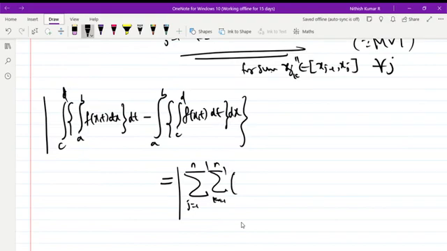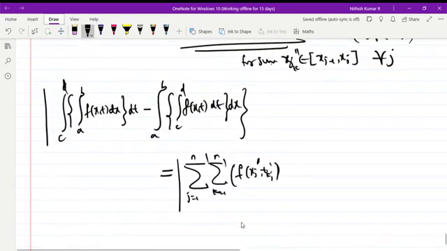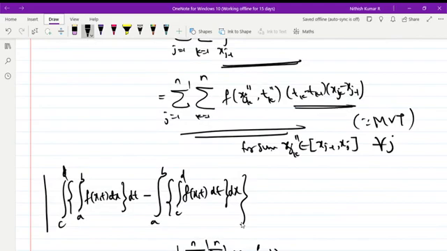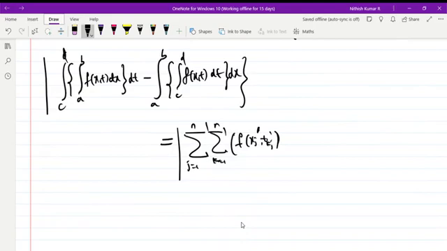This is equal to, now just substituting, summation j is equal to 1 to n, summation k is equal to 1 to n, f of xj dash comma tkj dash into xj dash.